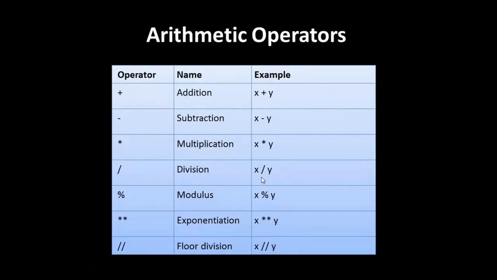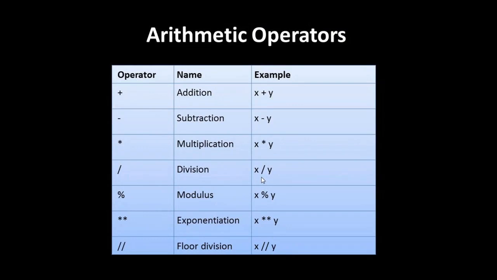So these are the arithmetic operators provided by Python: addition, subtraction, multiplication, division, modulus, exponentiation, and floor division. Now, for some of you who don't know what the modulus operator is, it basically gives the remainder of the two variables.